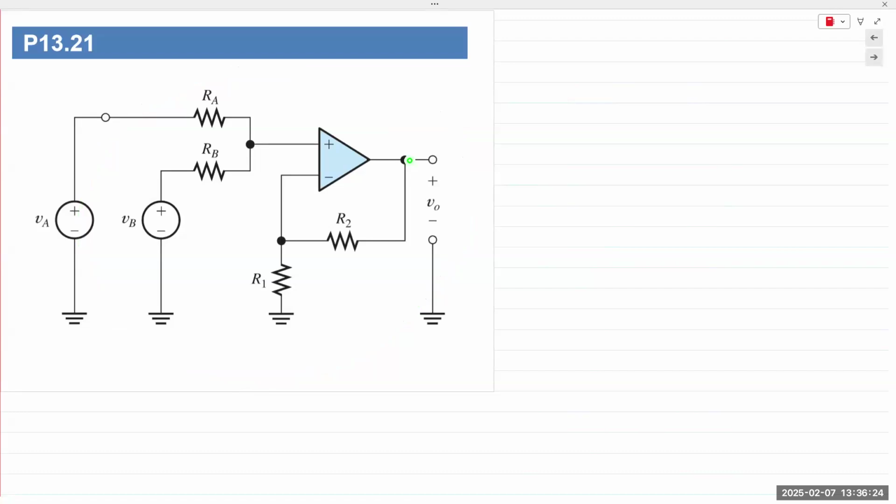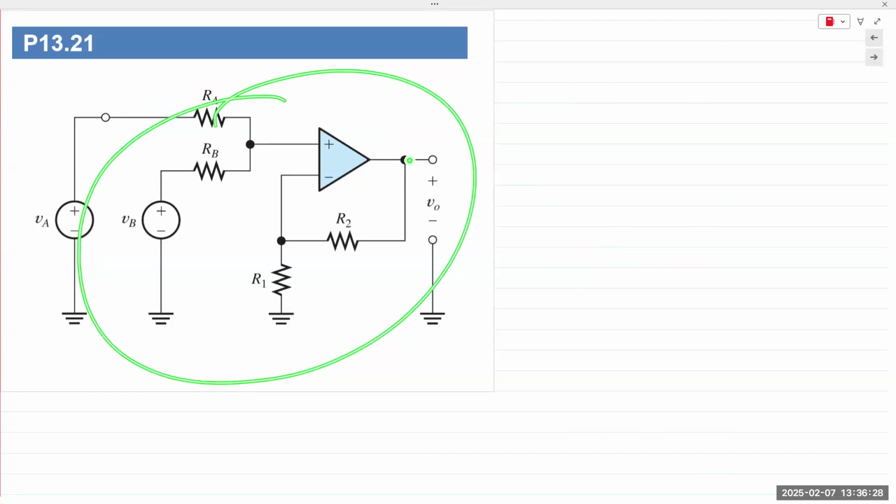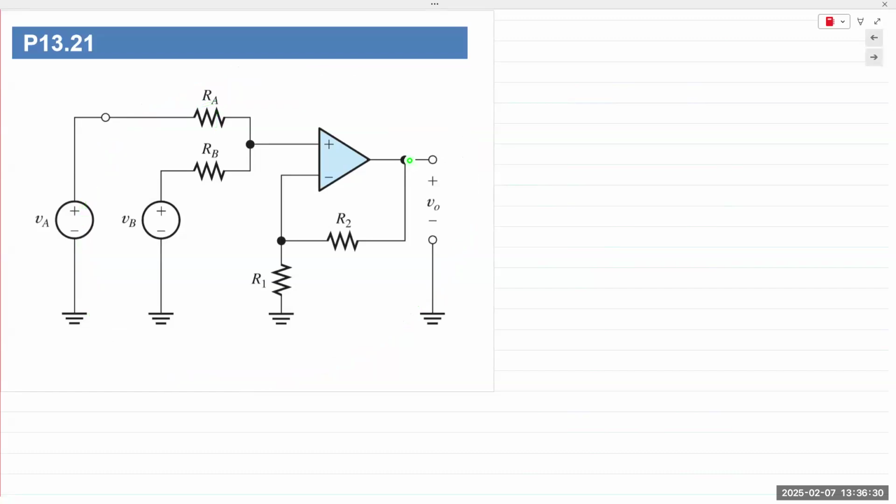So this is basically a non-inverting summing amplifier, right? The output gain for this should be 1 plus RF over Rn times VA plus VB. That should be the gain equation. And there was a minor miscalculation, so I need to redo that. So I'll do this outside of class.